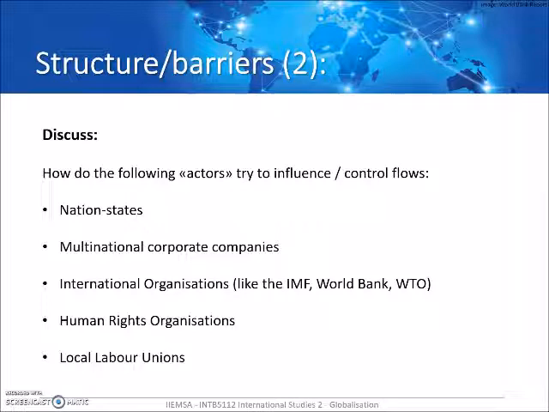And local labor unions will probably want to protect the local workforce, so they're going to want to limit immigration in order to save local jobs. As soon as we look at different actors, it gets more complicated because everybody has their own interest. That's why there is this play of flows and barriers: many different actors have very different interests in what flows freely and what is more controlled.